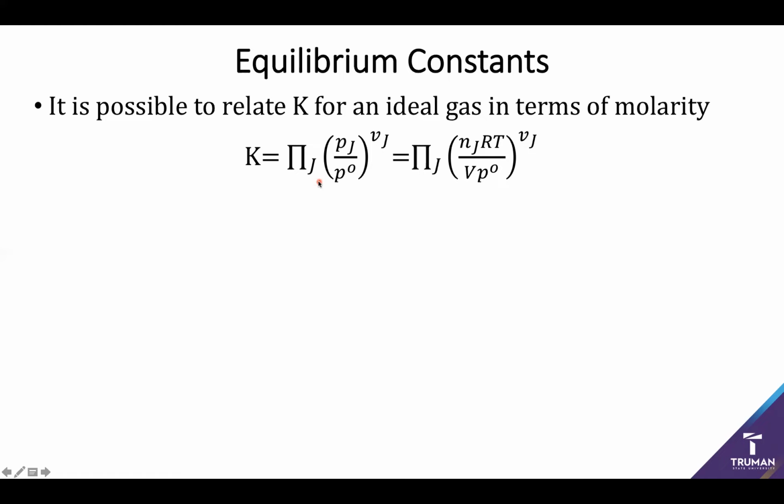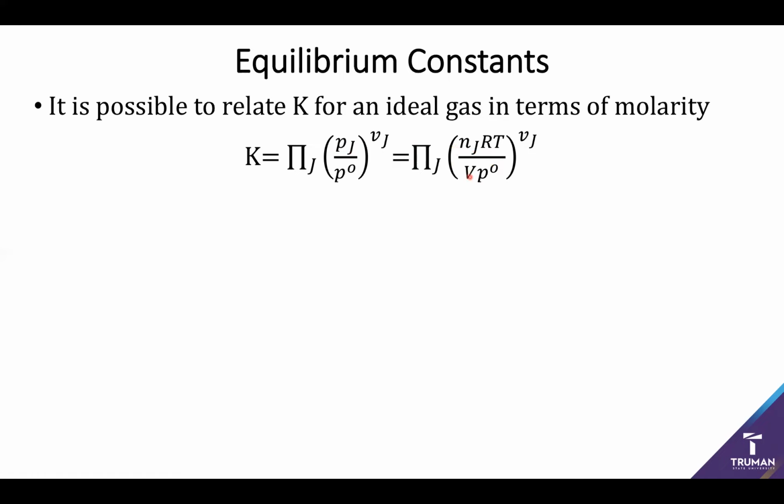And when we do this, we can start with the simple idea of an ideal gas. So the pressure of the individual component can be given in terms of the moles of the individual component times RT over the total volume, which should be invariant no matter what component you're looking at, and should be a shared variable.